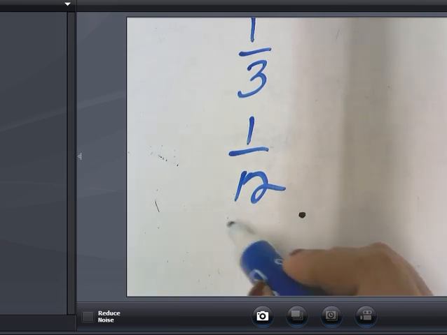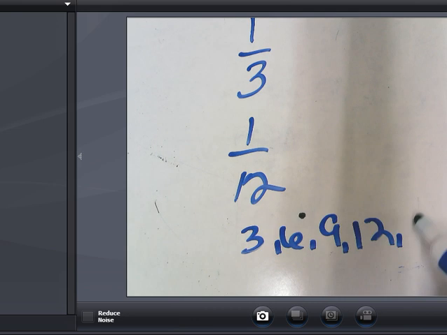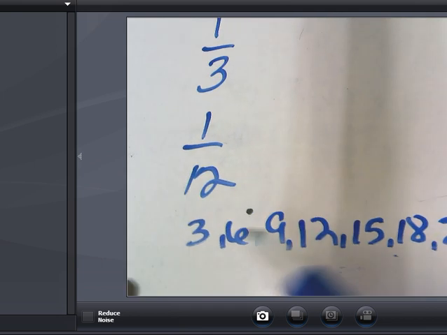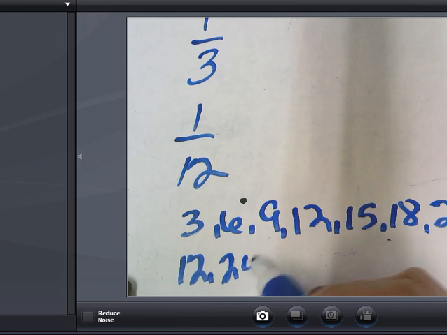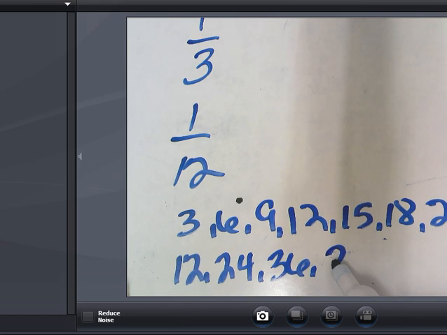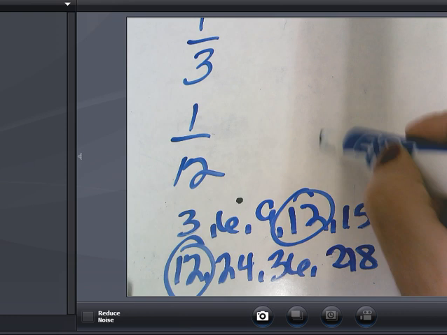I'm going to go 3, 6, 9, 12, 15, 18, 21, and if you could keep going, you could. 12 is 12, 24, 36, 48, and I could keep going, but I see something that they already have in common, so I can stop right there, which is 12.